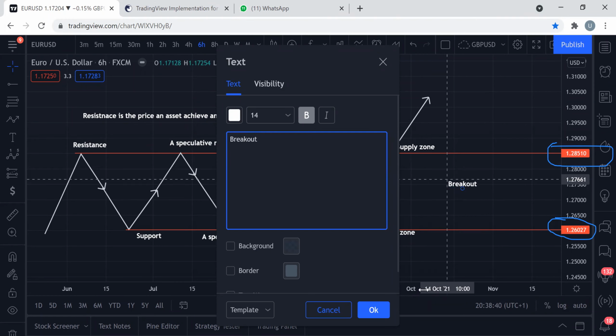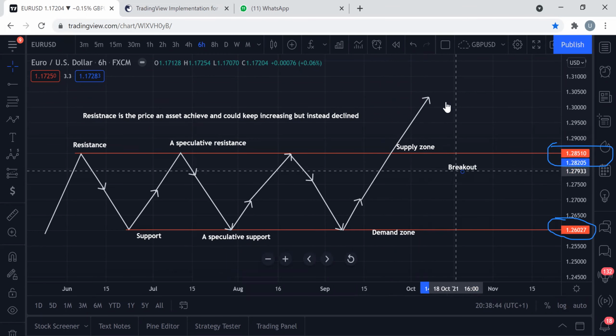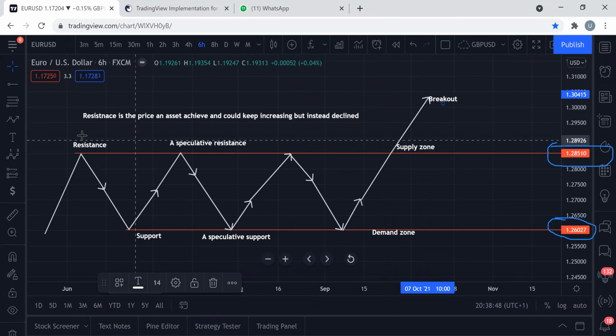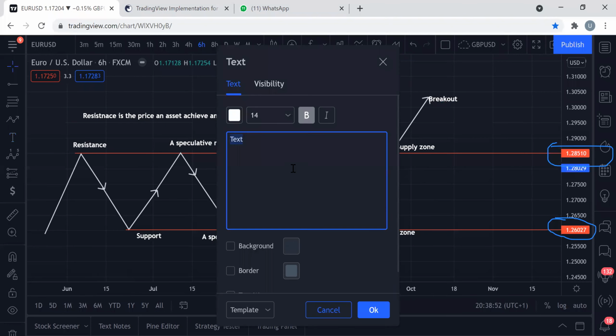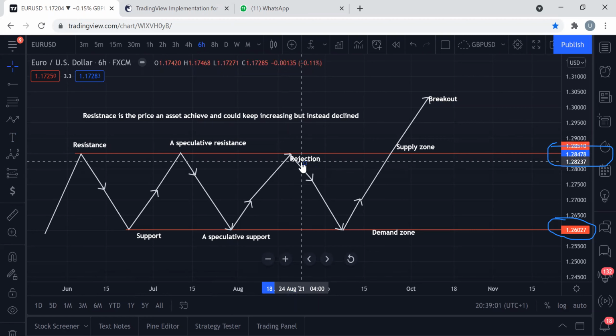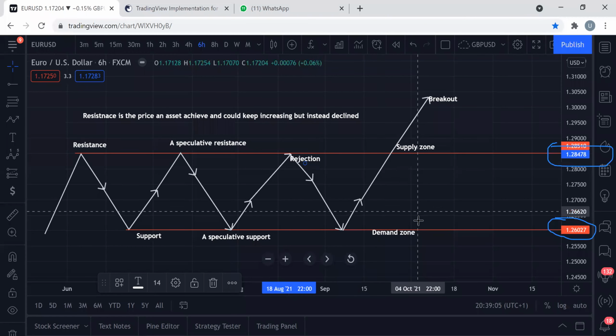Breakout. That's a resistance breakout. We call it what? Breakout. This other one here, we call this one rejection. We'll call this one what? Rejection. So that is to tell us that when a price approaches a resistance level, we are expecting 2 things to occur.